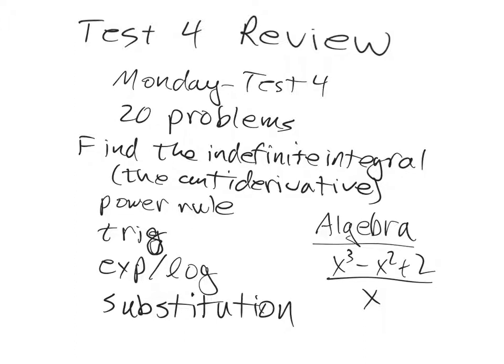Okay. If we have something like this, what would we need to do if we were to integrate this? Put it all over x. Simplify, which we'd have x squared. Of course, I run out of room here.